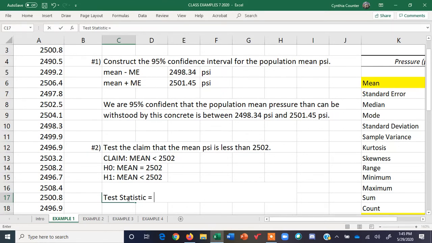This is computed by taking the sample mean, subtracting from it the assumed parameter that is in the null hypothesis, so that would be this 2502, and then dividing it by the standard error.